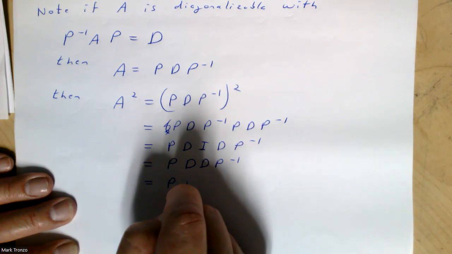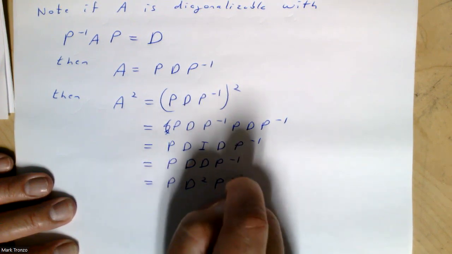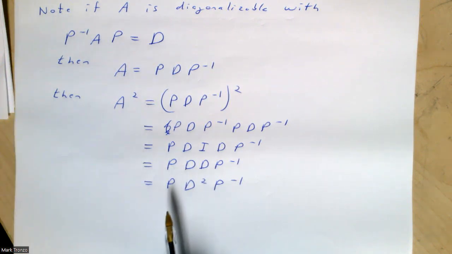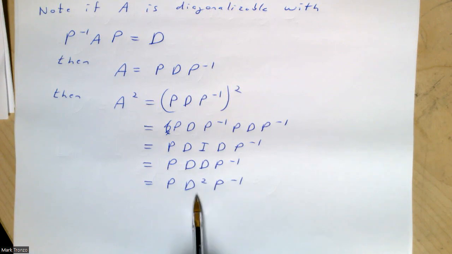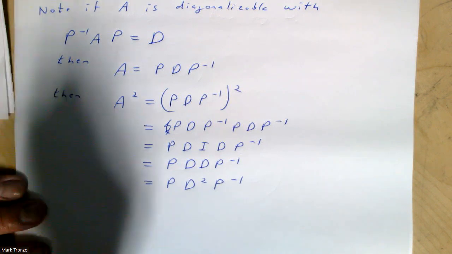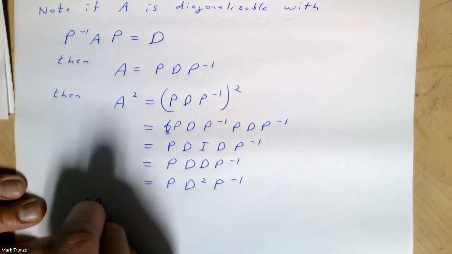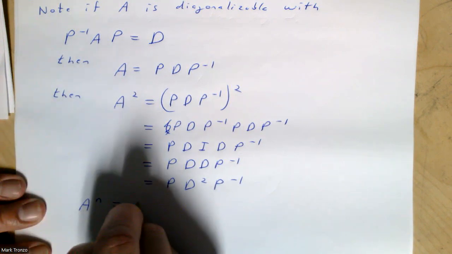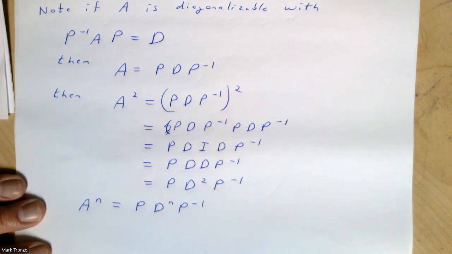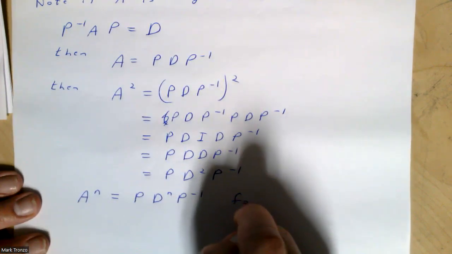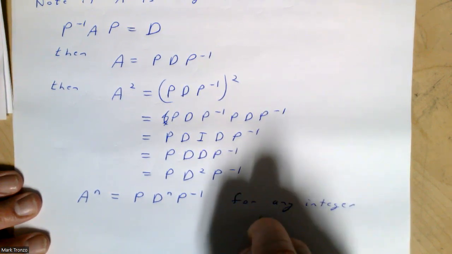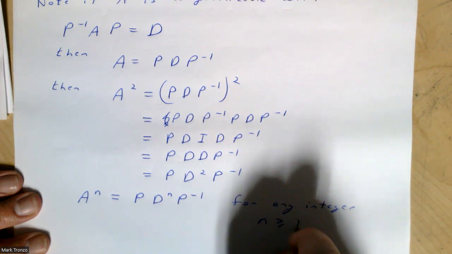And so this is going to be P D squared P inverse. So if you square A, you can calculate that by doing P D squared P inverse. And you can go through the same process and show that A to any integer power n greater than or equal to 1 is P D to the n P inverse.